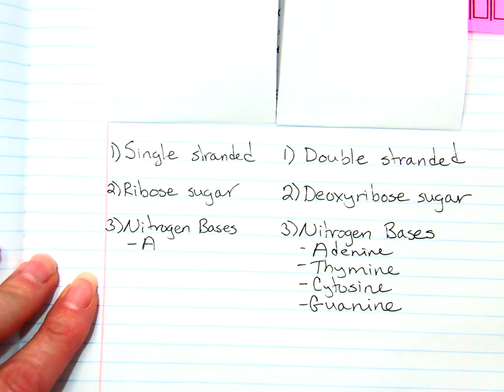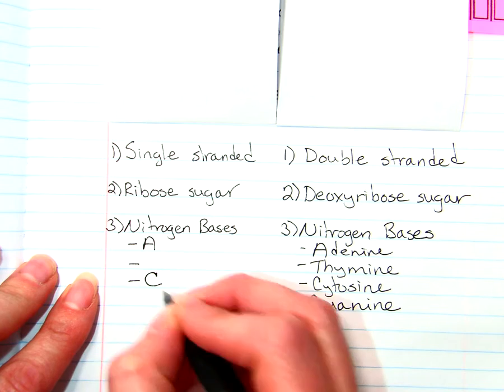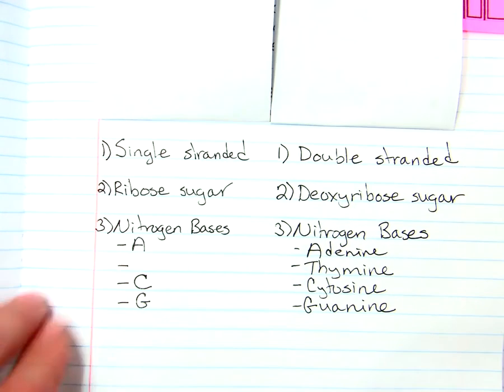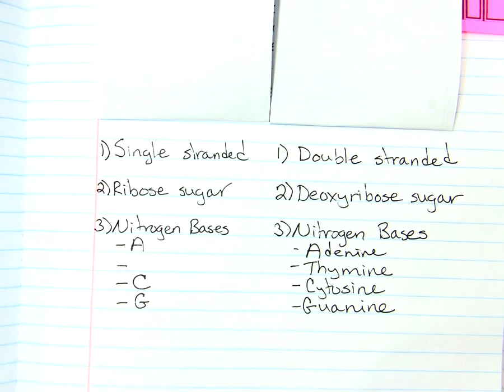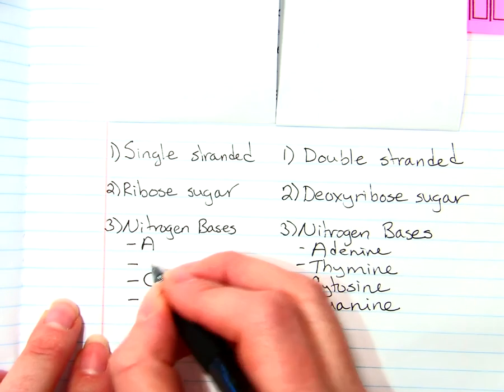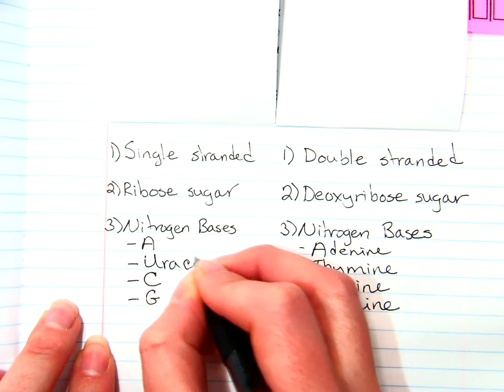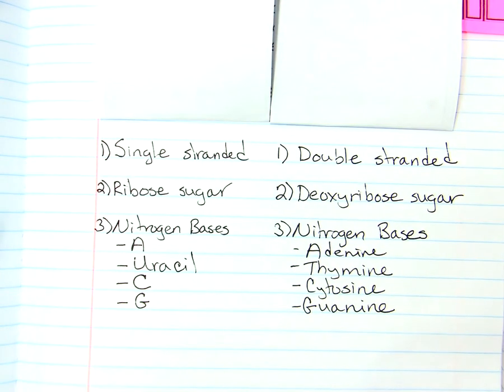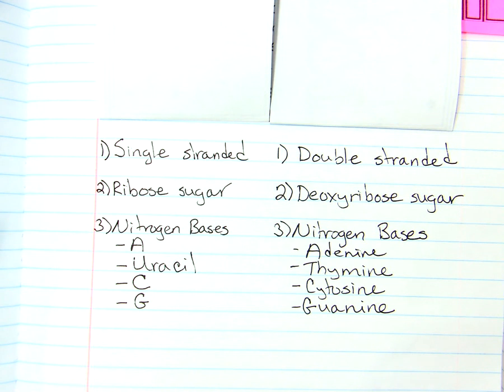We have adenine again. We still have cytosine, we still have guanine. Thymine goes away in RNA. We have a new base. Instead of thymine, we now have uracil. What letter do you think we're going to refer to uracil by? U. What do you think uracil is going to pair with? A, because we got rid of thymine. So it's going to pair with A.